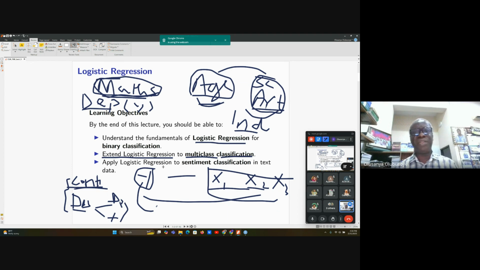We will talk about that. But we have to provide this background because this is where we are going. And we want to be able to apply logistic regression, this technique, to analyze sentiment, to do sentiment analysis when dealing with text data.